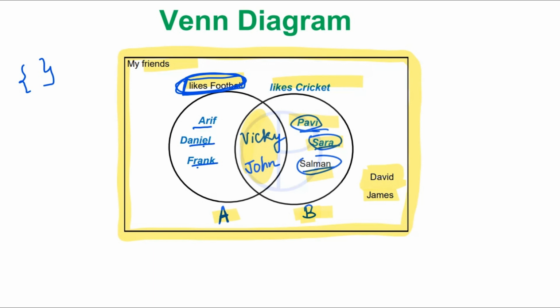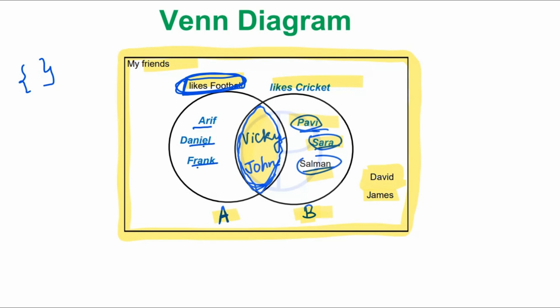What this part represents is something called the intersection, the overlapping part of these two sets.